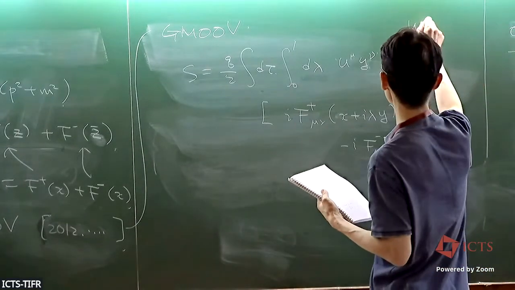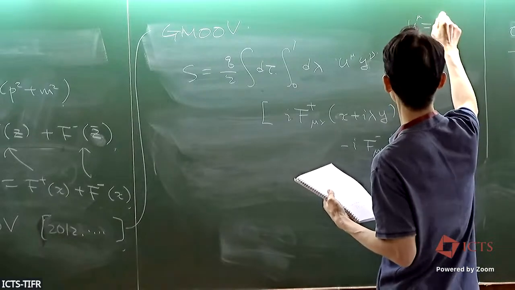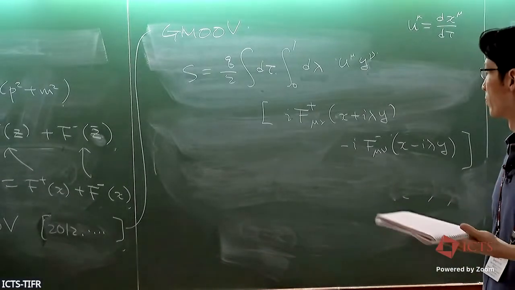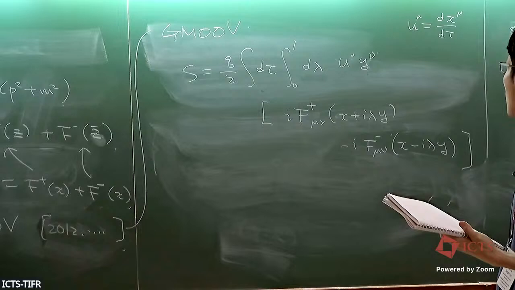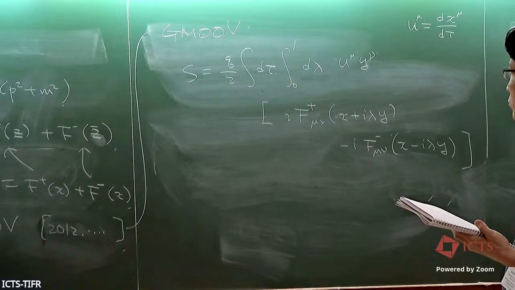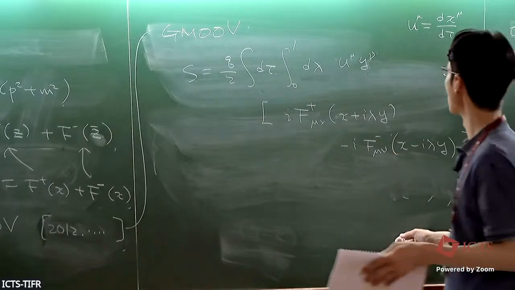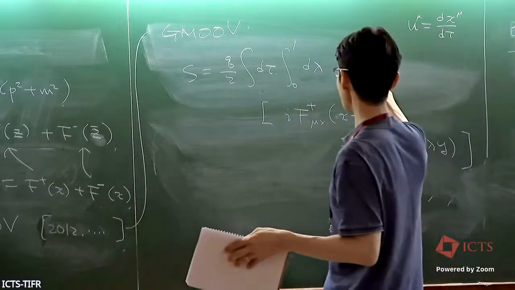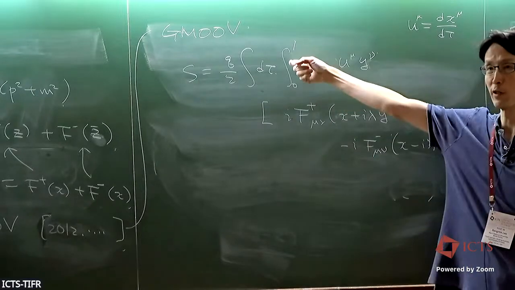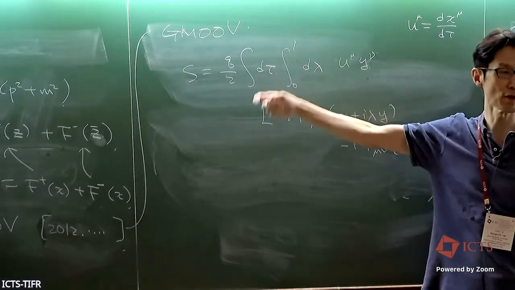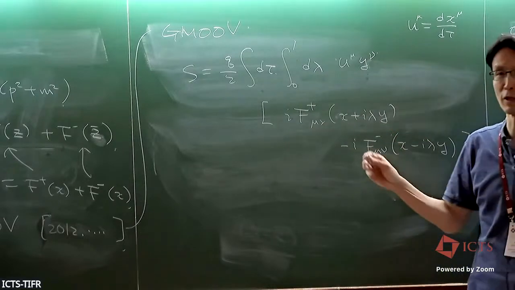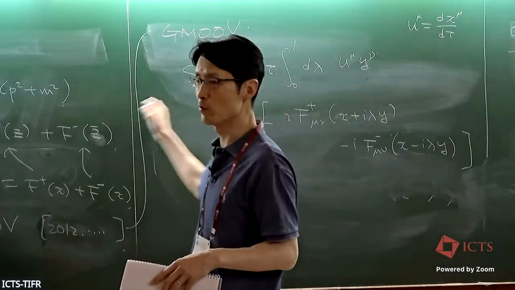And here u is just the time derivative of x. And I'm using the same y for the spin direction. And if you expand everything in powers of y, both in our model and in their model, the zeroth order agrees. Obviously, the first order also agrees, but from second order on, I don't think they agree, and we are proposing a model somewhat different from theirs.